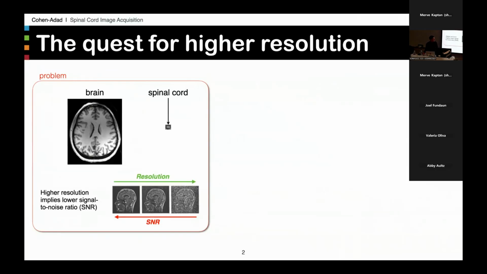And as you know, when we are asked for better resolution, it comes at a cost of SNR, signal to noise ratio. And there are ways to gain SNR because, as Gary mentioned, NMR by essence is an extremely low SNR tool.